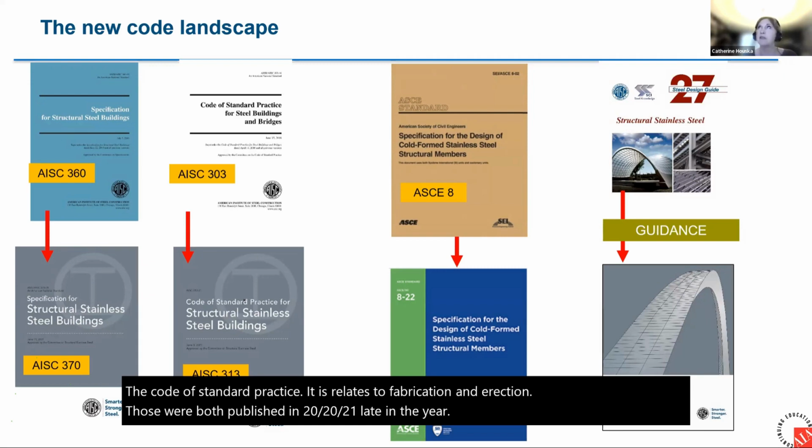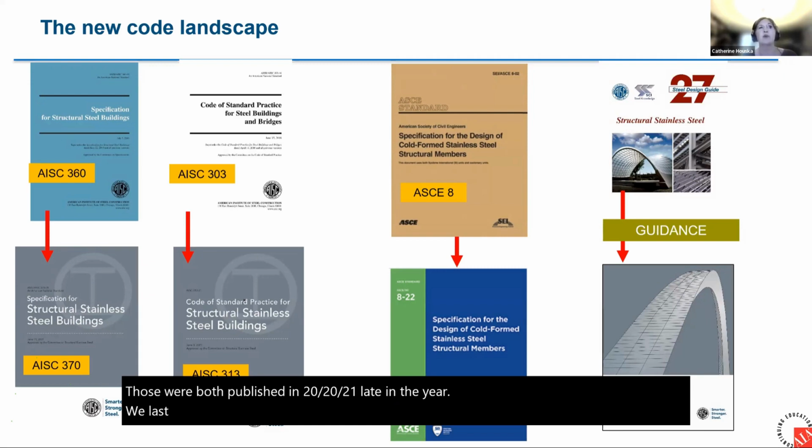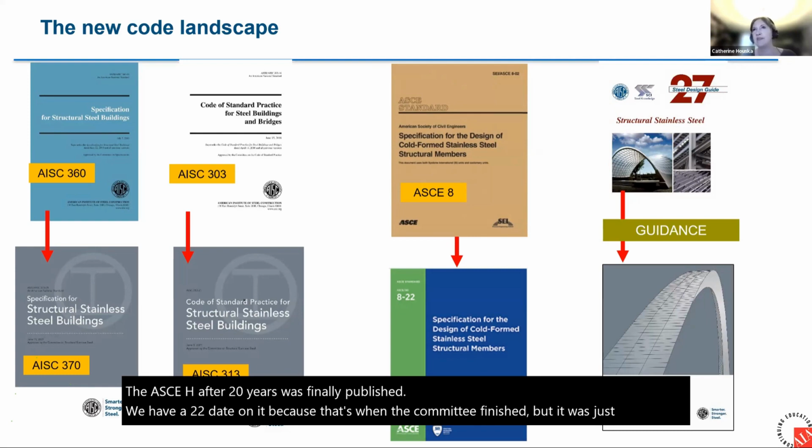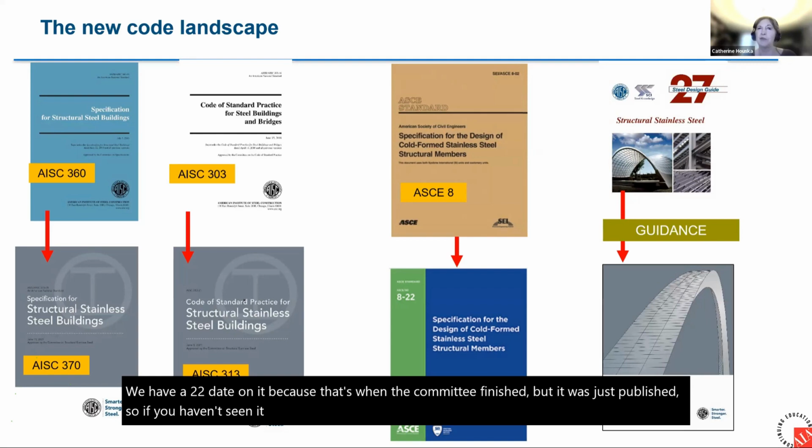Last month, the ASCE 8, after 20 years, was finally published. We have a 22 date on it because that's when the committee finished, but it was just published. So if you haven't seen it, you might want to get a copy if you work with cold form stainless steel.